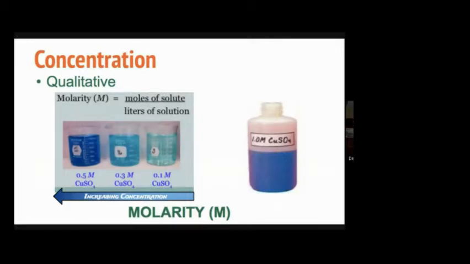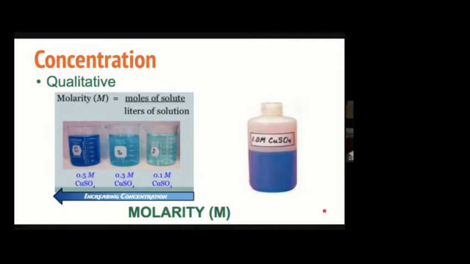And molarity, the abbreviation is capital M, stands for the number of moles of solute that's dissolved in enough solution to make 1 liter. So what you see here is a copper 2 sulfate solution.